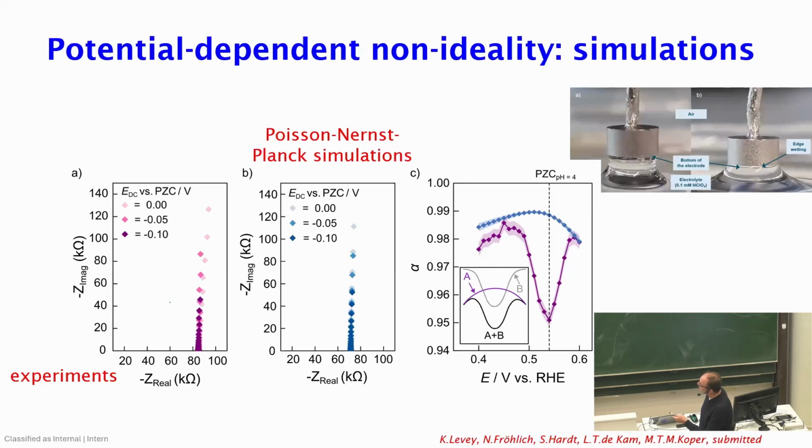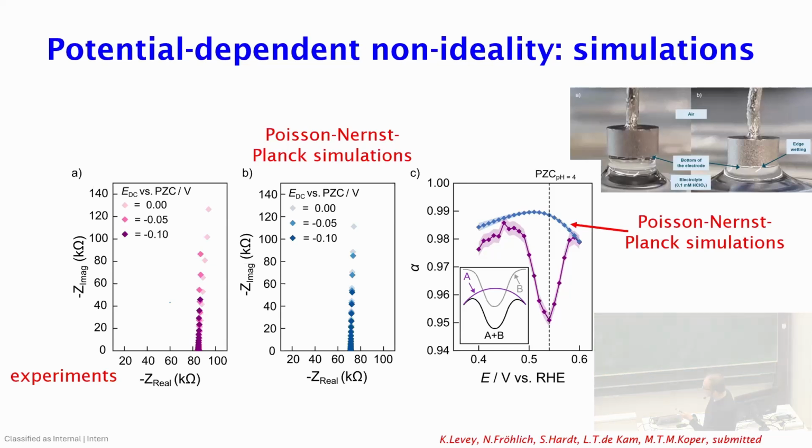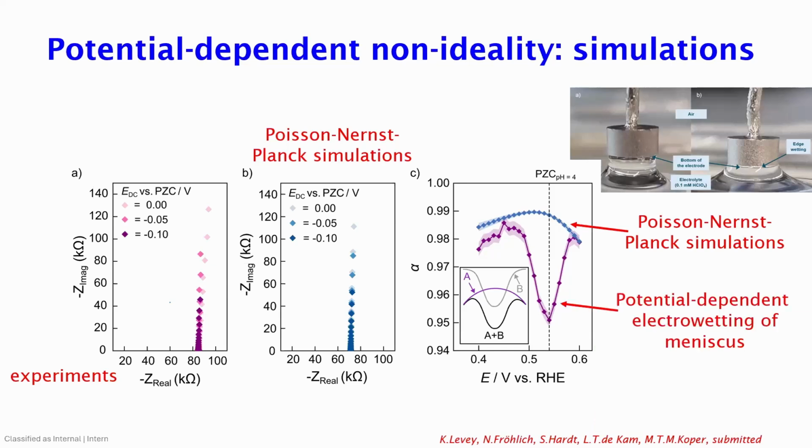deviation from ideality. We can explain this minimum: this is what is expected according to Poisson-Nernst-Planck, and we can reproduce what we see if we take into account the potential-dependent wetting of the meniscus. This is still something that we need to check, but right now it explains what we see.